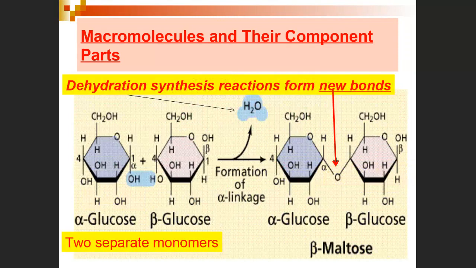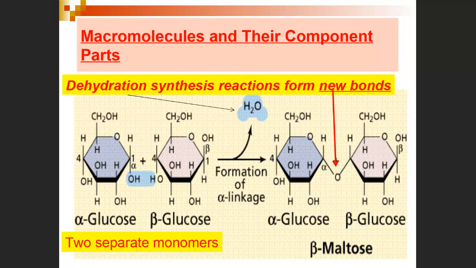In the cytoplasm of cells, you would have hydrolysis reactions going on that would break up, let's say, carbohydrates into the individual glucose molecules. So these molecules are being broken up to get their component parts, or they're being synthesized from component parts.